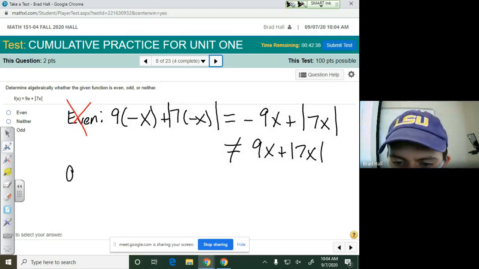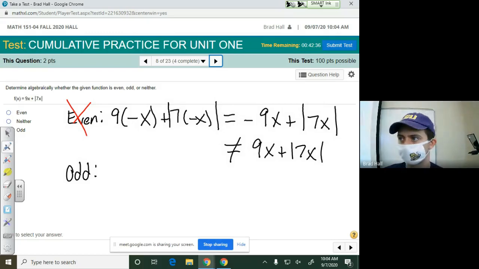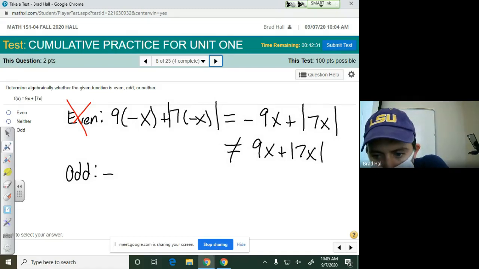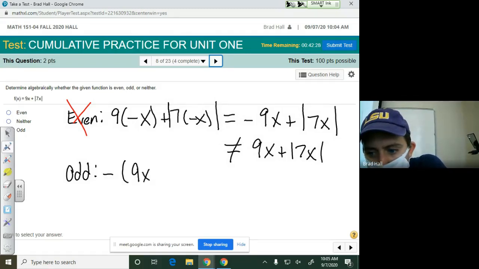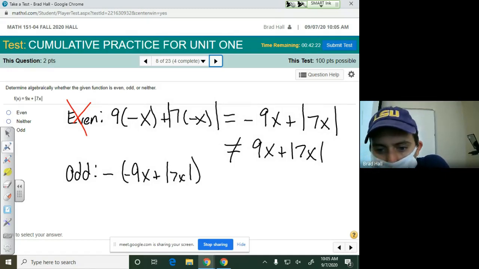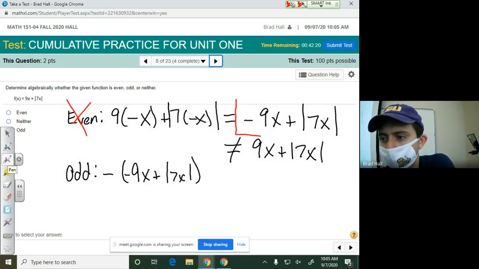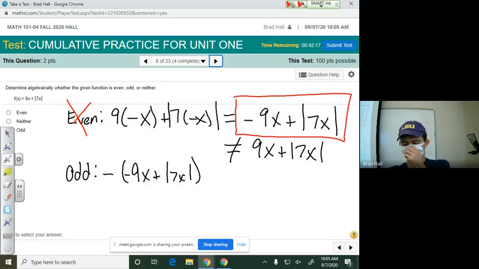All right, what about odd? So now we have a 50-50 chance. What odd says is put a negative sign in front of the exact result we got before. So the exact result we got before was this one. And so the thought process is, all right, that form wasn't good enough. Let's just put a giant negative sign in front of the whole thing and try again. So that's what I did.